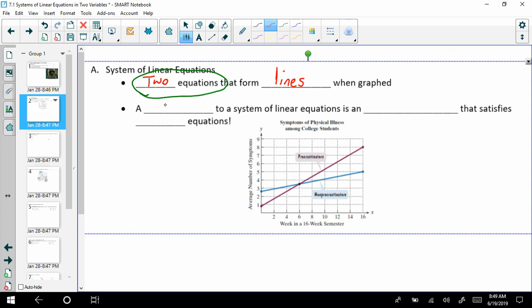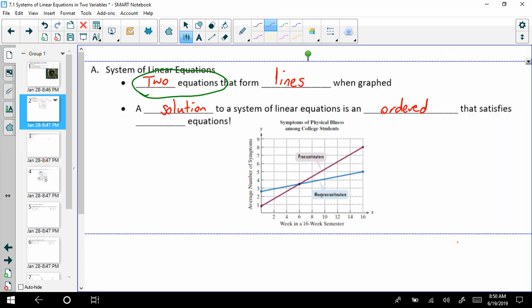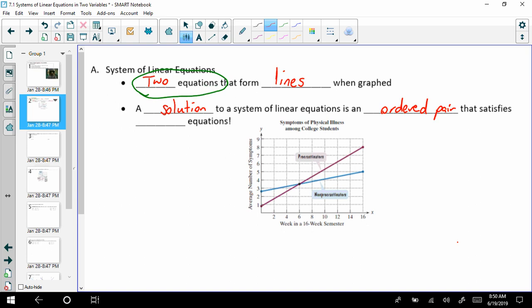If I ask you to find a solution to a system of linear equations, that solution is going to be an ordered pair. And the big thing, in order for it to be a solution to the entire system, that ordered pair has to satisfy both equations.